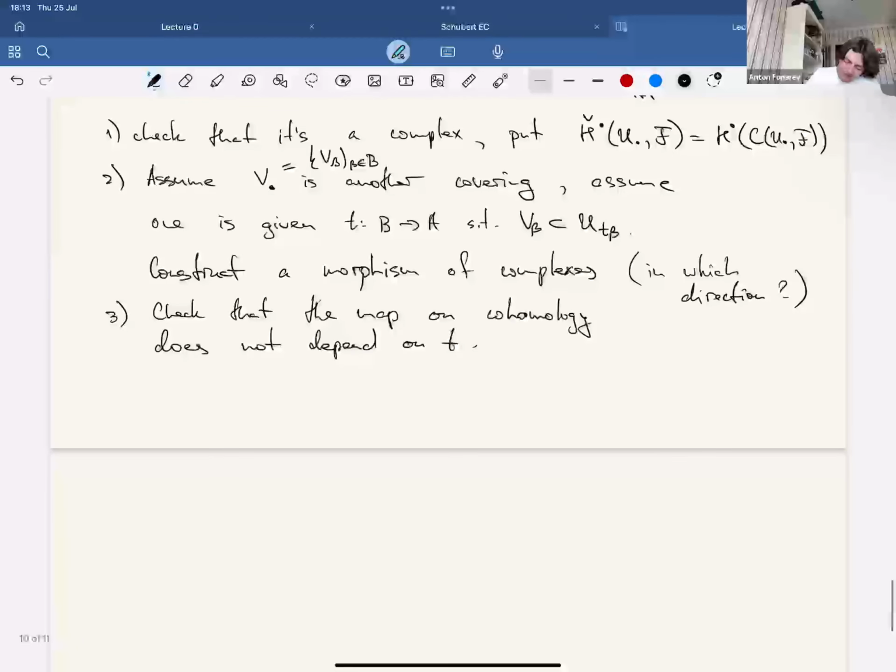And finally, the fourth is you can consider the directed system of all coverings and all possible refinement maps.